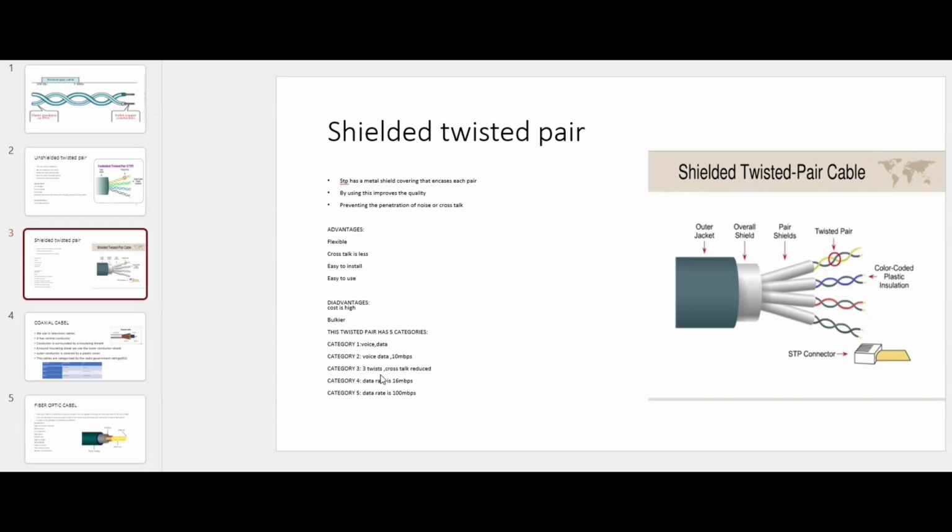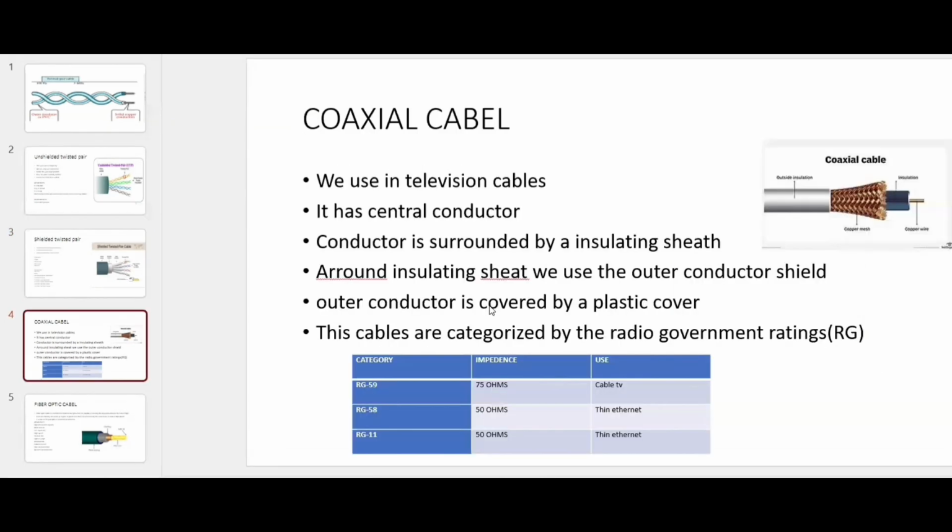Category 3, we use 3 twists and crosstalk is reduced. Category 4, the data rate is up to 16 Mbps, and the category 5 data rate is up to 100 Mbps.